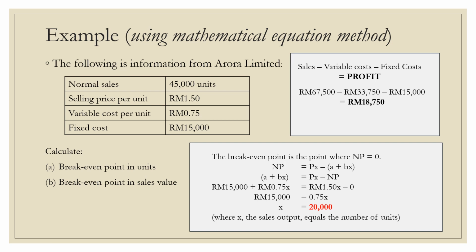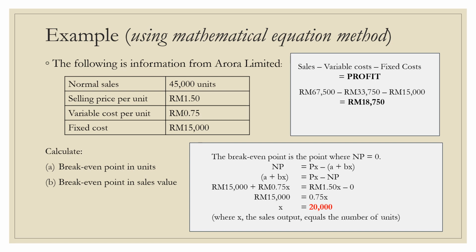Then you get this algebra equation, you put the figures in, and you get 20,000, where X is the sales output, equal to the number of units. So this is the break-even point in units.